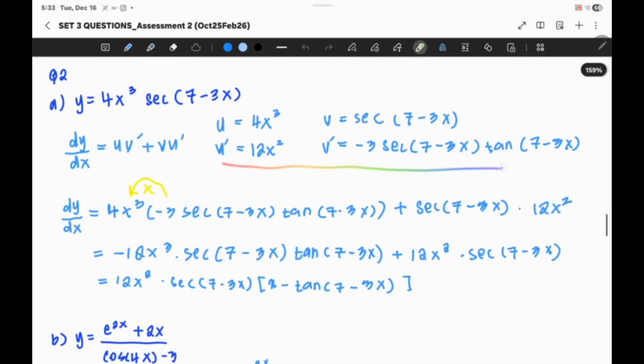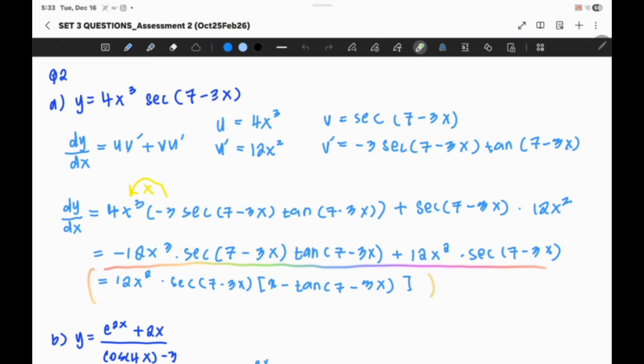We put all this into the formula and we get dy/dx. And then we can simplify all this and get this, and then we factorize all this and get the final answer.